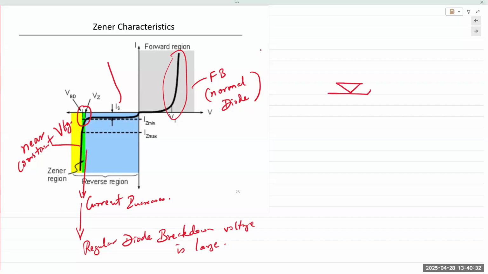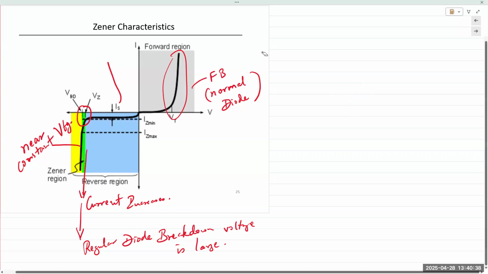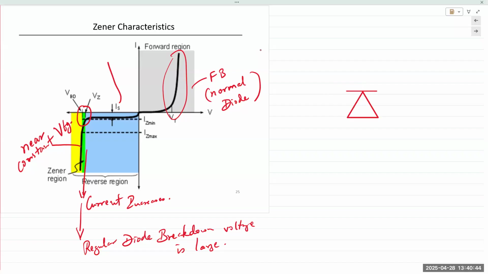And then one more thing, actually, you know what? This is a better drawing. Let's do this. Now, the diode symbol stays exactly the same, except there are whiskers on the cathode.